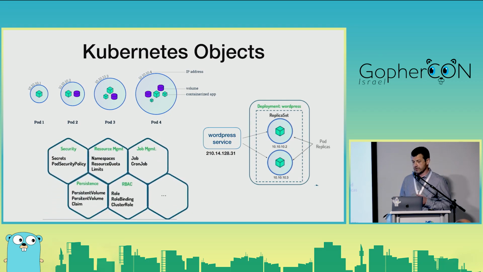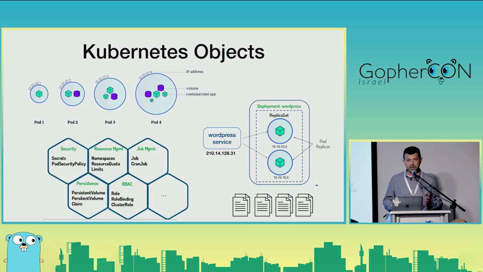And of course there are a lot of other resources related to security, things like secrets, config maps, policies, volumes, jobs, things that run once or periodically like cron jobs, and full RBAC, role-based access control rules. Everything is defined in YAML files that you use to deploy your application. And let's remember that your application runs within the container. It's only one small piece inside one of these resources, okay?